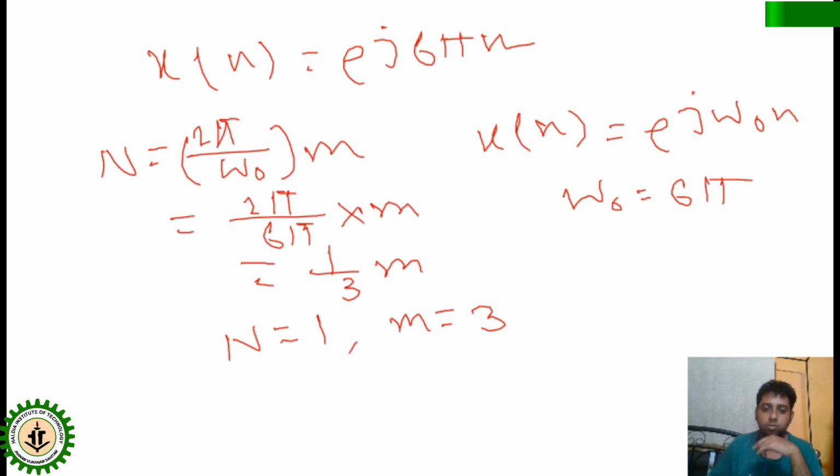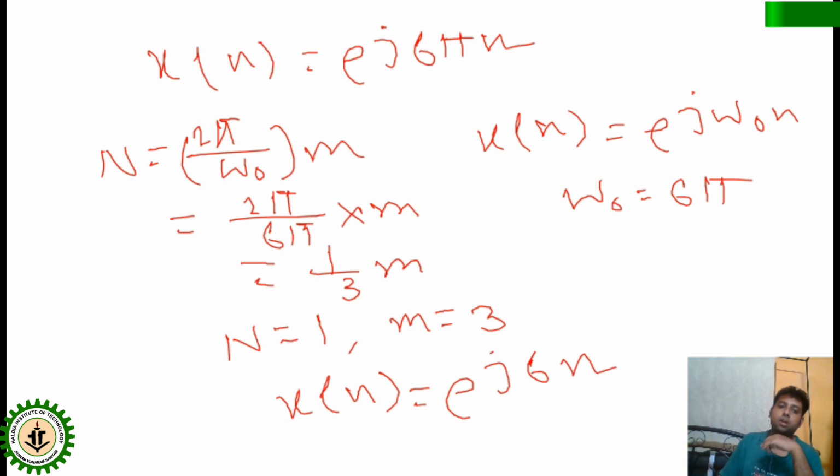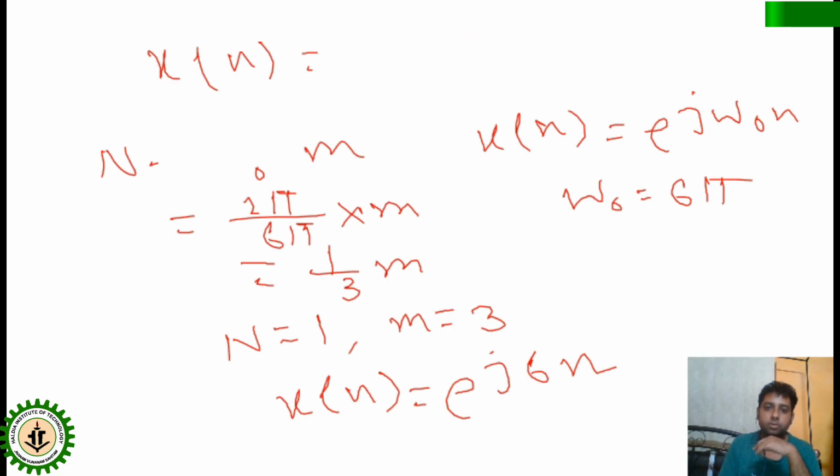Now we will solve another numerical, that is x of n is equal to e to the power j 6 n. It has been asked to check whether this signal is periodic or not. If periodic, find the fundamental period.